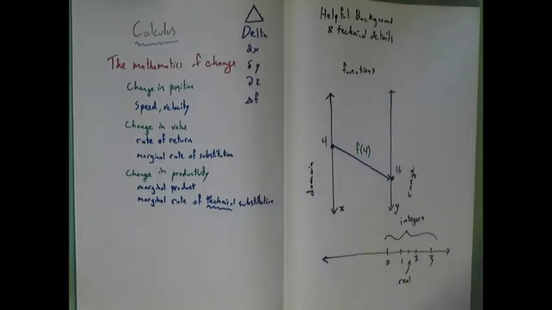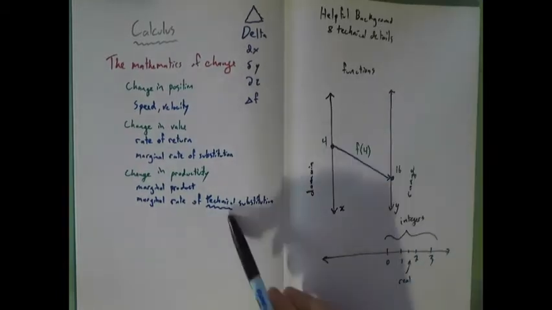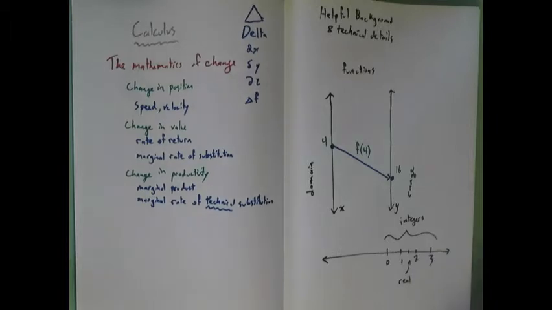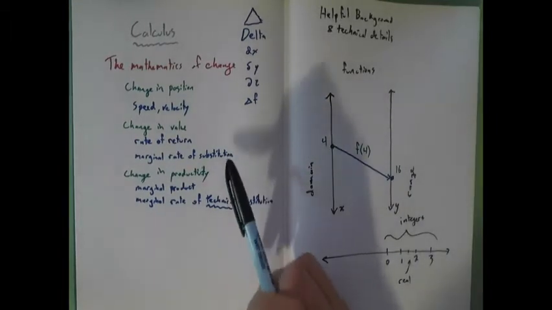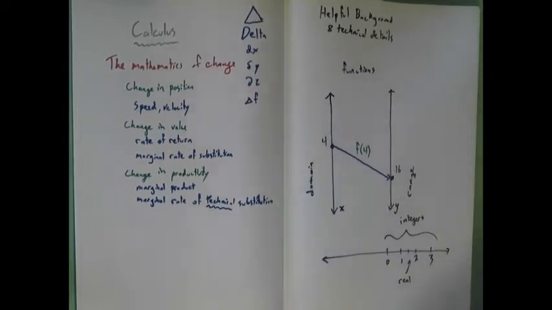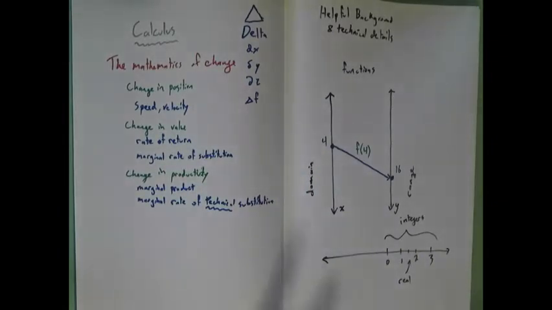And then the marginal rate of technical substitution, this is really the same thing as the marginal rate of substitution, just with an extra word in it. But here, instead of talking about utility, you're talking about productivity. So we're going to be building up the math to understand how this works, and you should feel already pretty okay with algebra, which is what we're going to be doing a lot of. So calculus is really just a step beyond algebra, at least as far as we're concerned in this class.